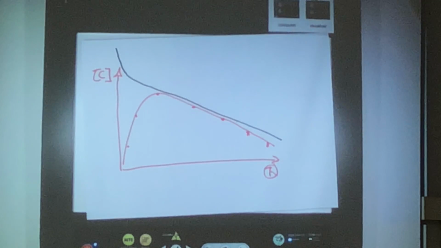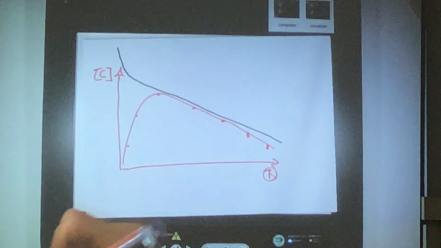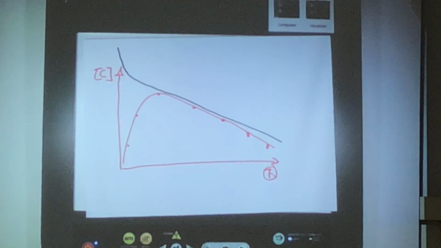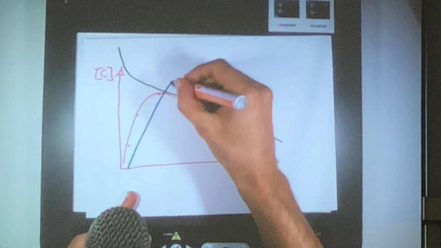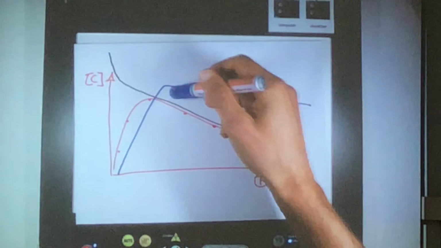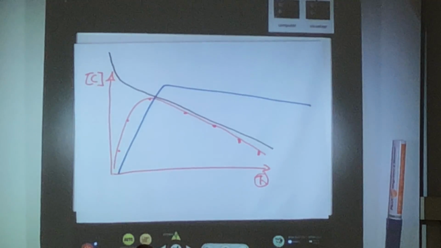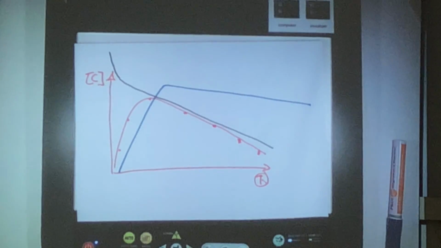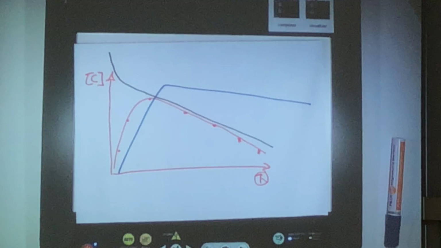you can have that the same drug shows a longer half-life. Why? Can you try to guess why it's happening?